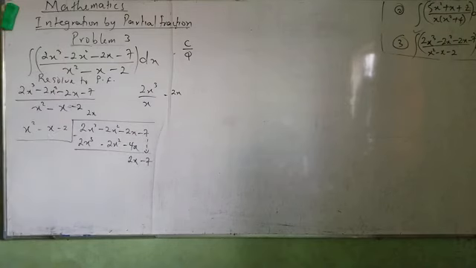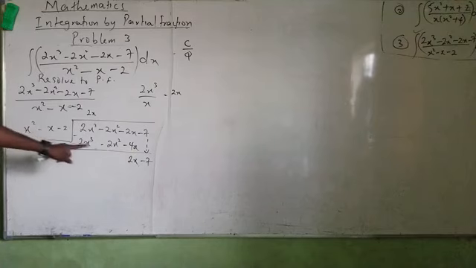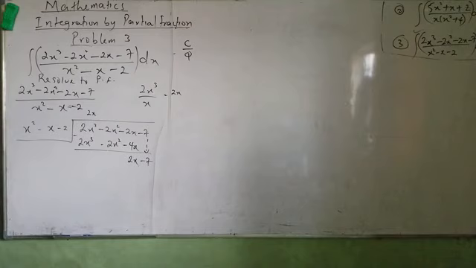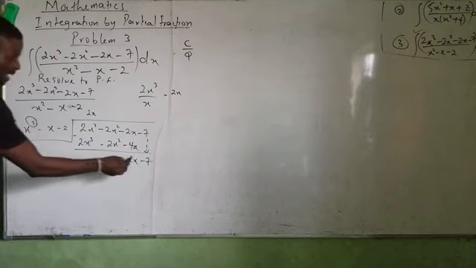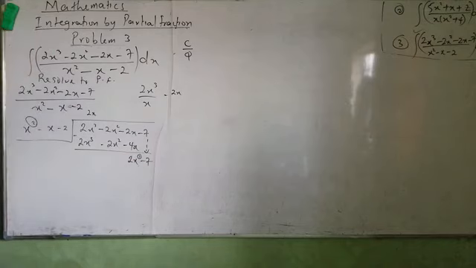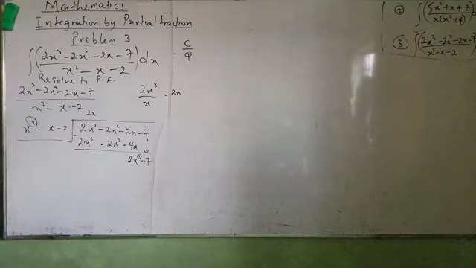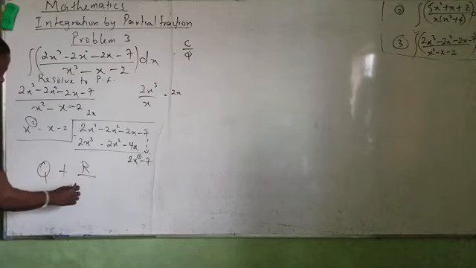Now, at this point, the power here is higher than the power here. It means you can't go further. You will stop here because the power of the remainder is 1, which is lower than the power of the divisor. Can you see? What you just need to do now is, don't forget, quotient plus remainder all over divisor.